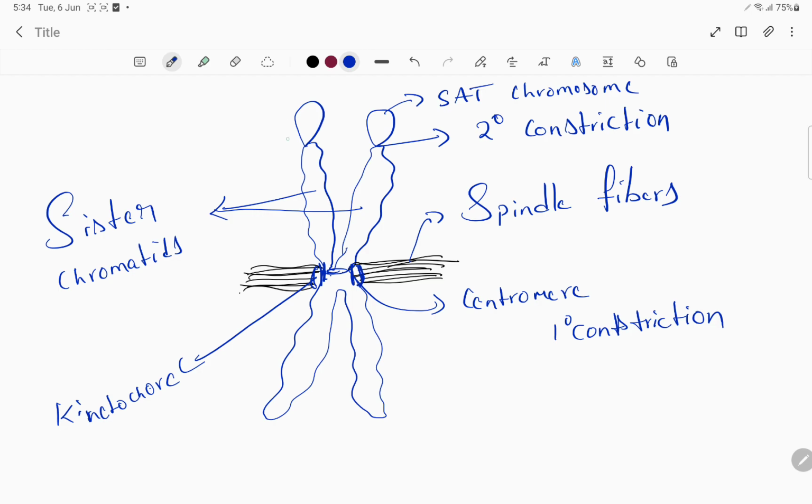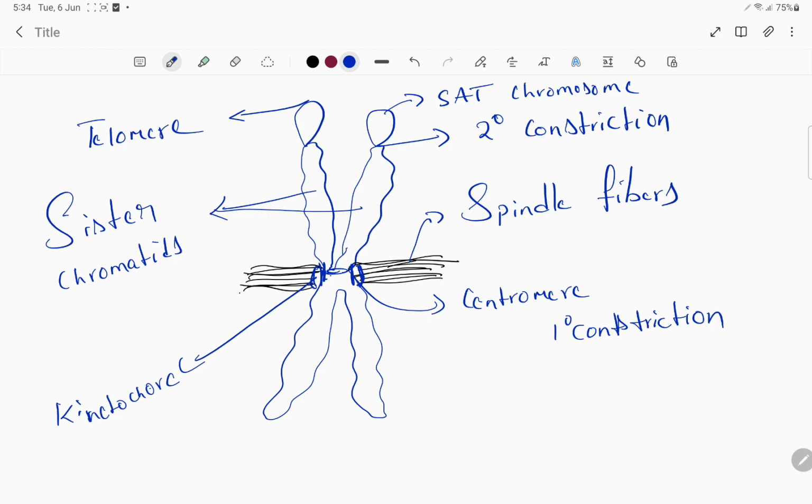And this part we call the telomere. So let's discuss this.